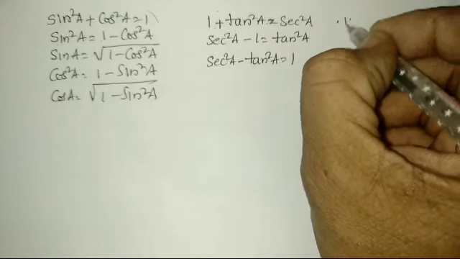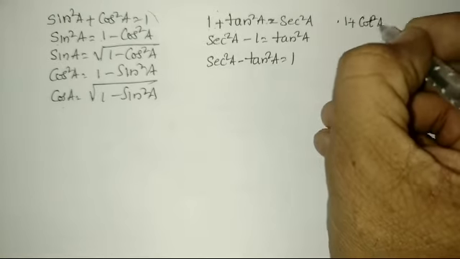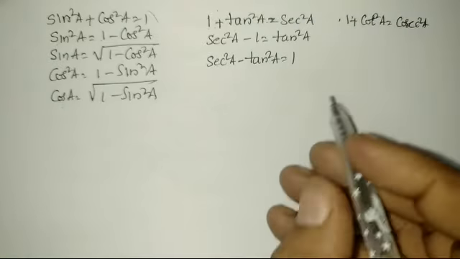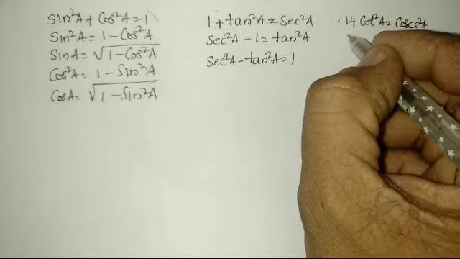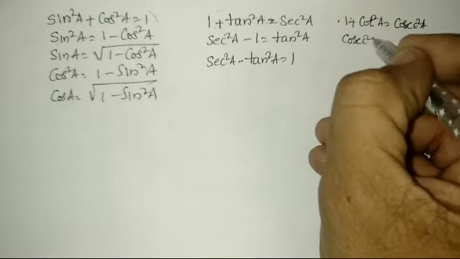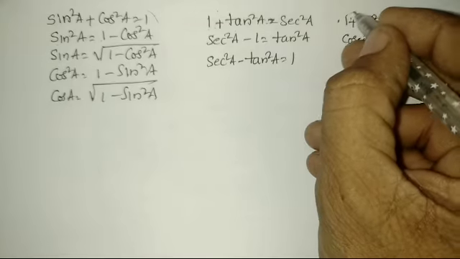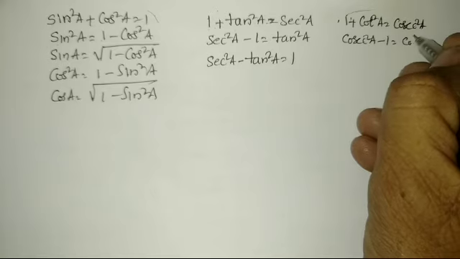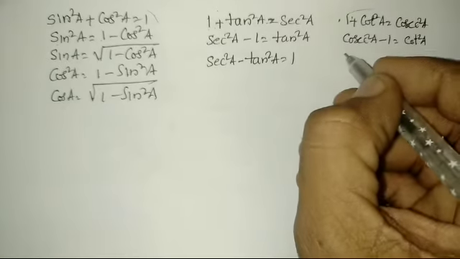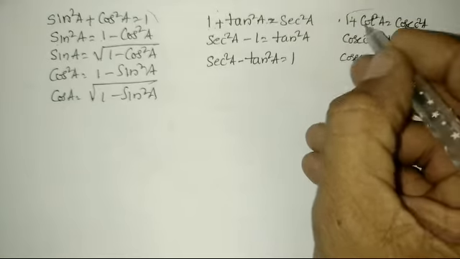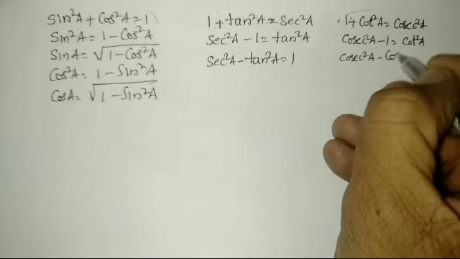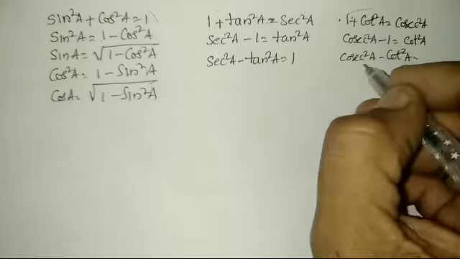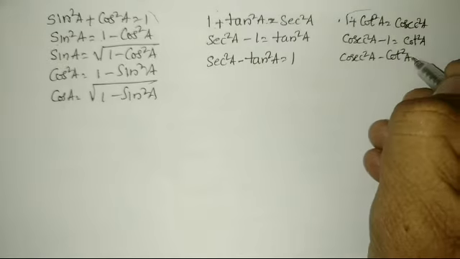And the third one is 1 plus cot square A equal to cosecant square A. From this, if you transpose the 1, you get cosecant square A minus 1 equal to cot square A. And if you transpose cot square A, you get cosecant square A minus cot square A equal to 1.